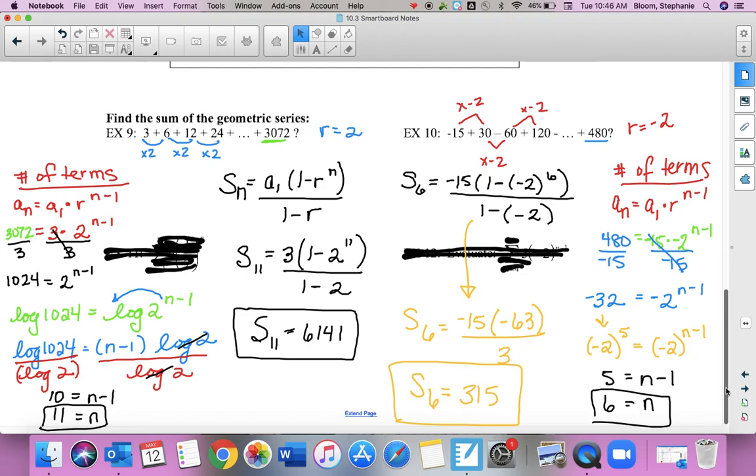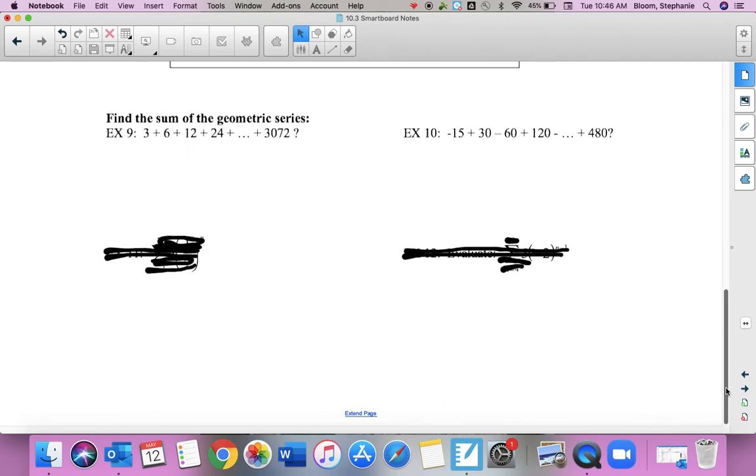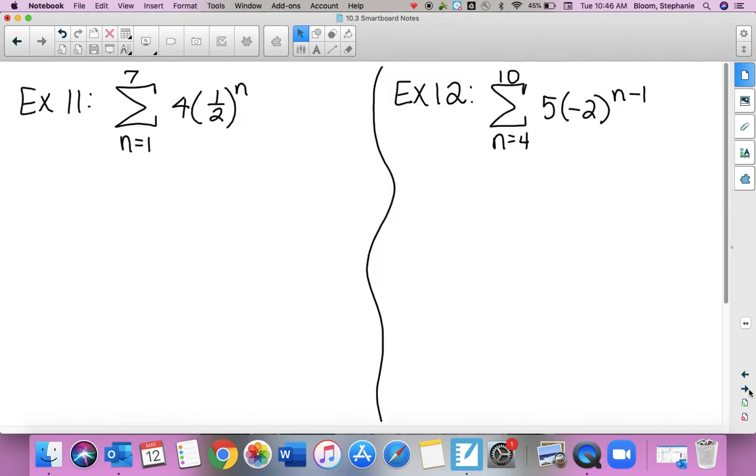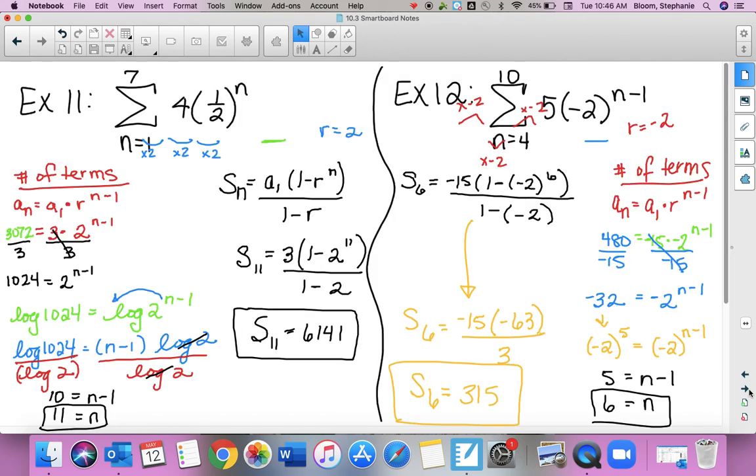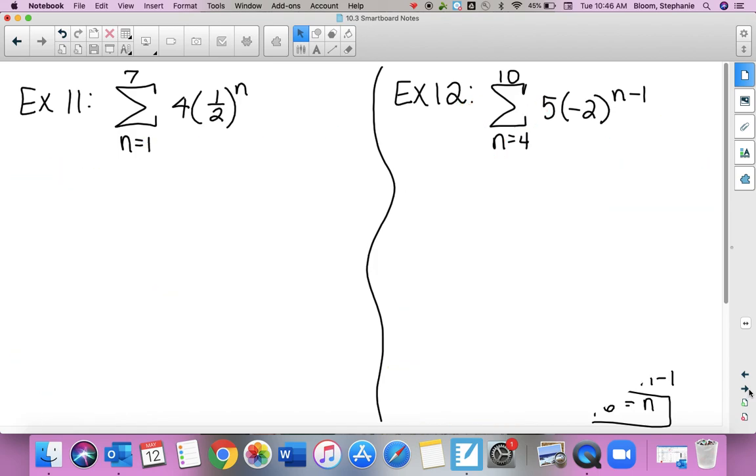All right. Now, let's look at our next one here. This time, it's being written differently. We're writing it in summation notation. I know that it's geometric because that n is in the exponent, so I know I'm doing a geometric sequence here.